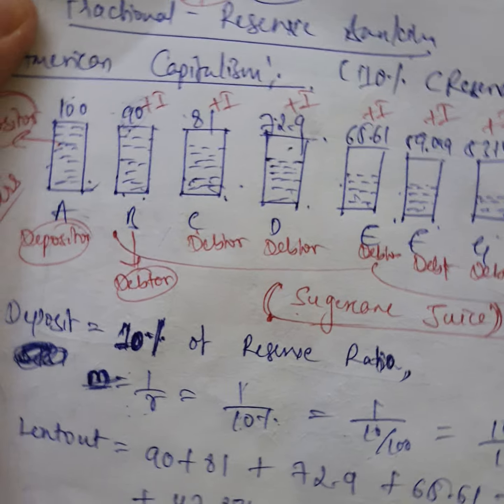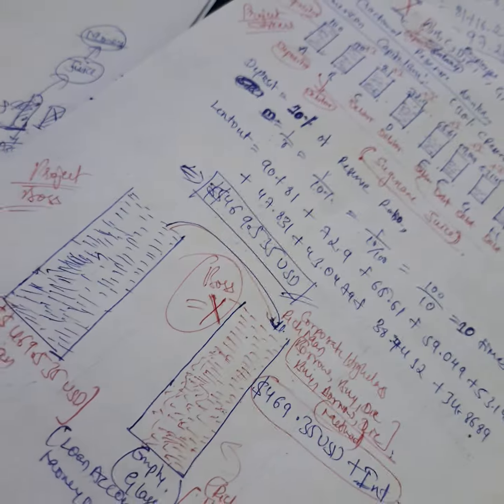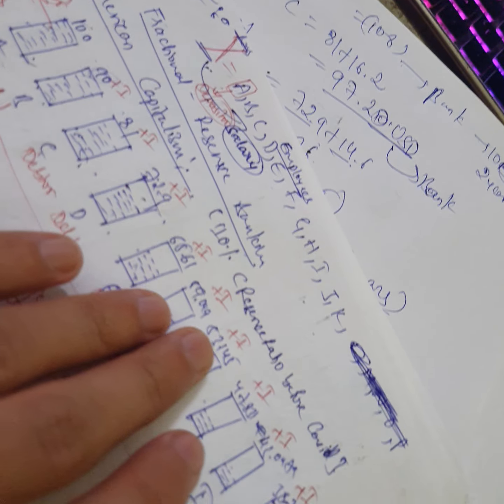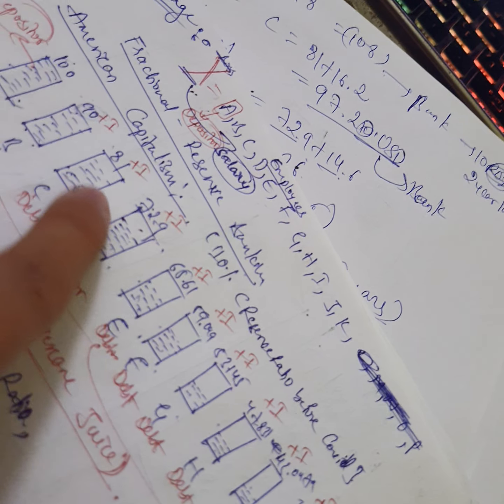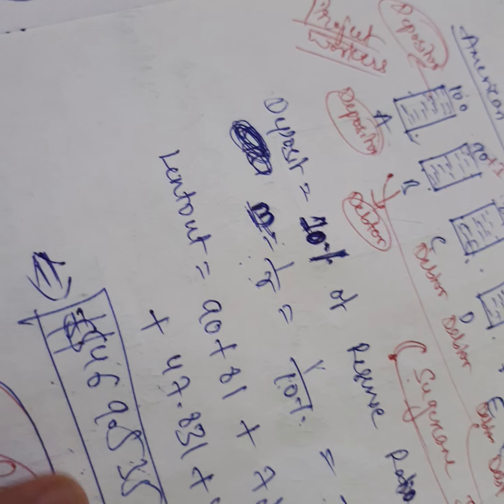If you see these glasses, they are very small. When all of them fill all these glasses, what is going to come? 469.535.